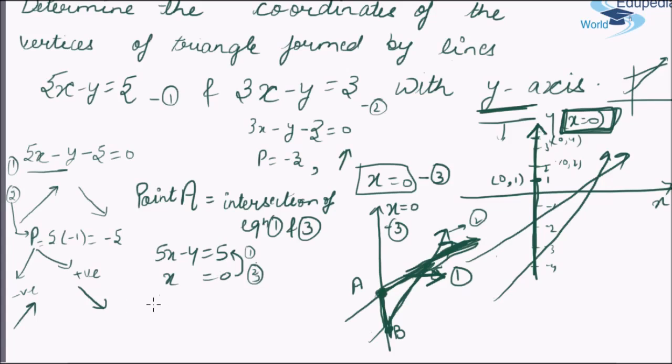We get 0 minus y equal to 5, or y equals minus 5. Thus, x equal to 0 and y equal to minus 5 is the solution of this pair, or x comma y is nothing but 0 comma minus 5.